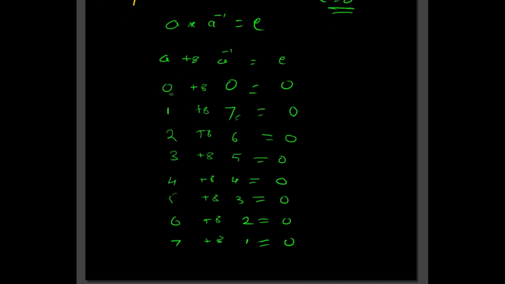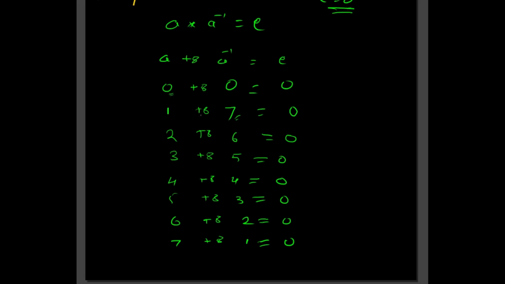Okay, now write the equation. Test each element of the set 0, 1, 2, 3, 4, 5, 6, 7 and find the element with which, if you perform the addition modulo 8 operation, the result is 0. For 0 it is the identity, so its inverse is always 0.